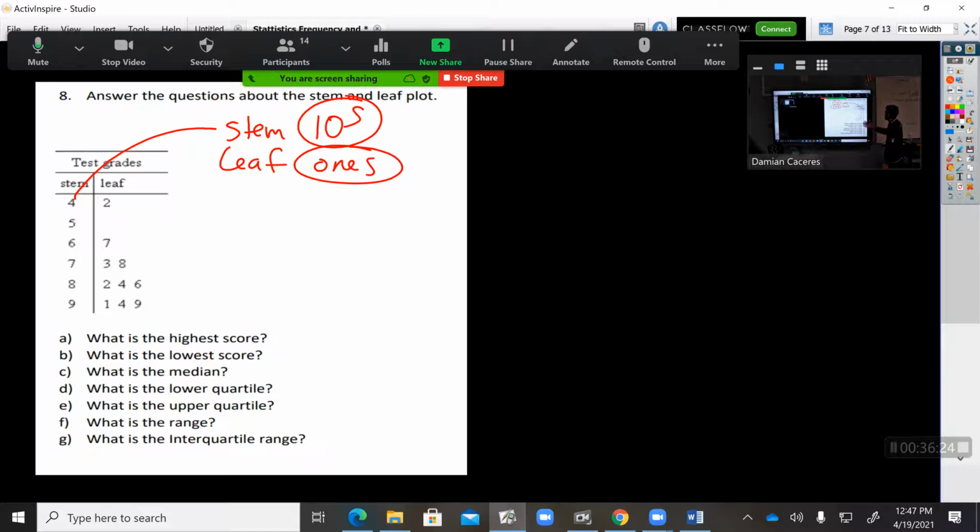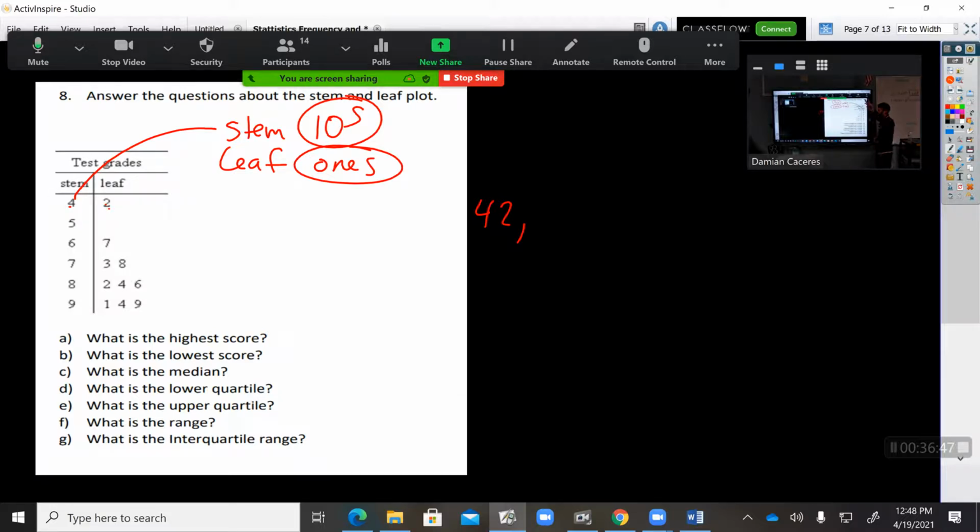Here it's a tens place and the leaf is a ones place. If you look at this, what is my lowest score? 42. So that tells me 4 is the tens, 2 is the ones, 42.